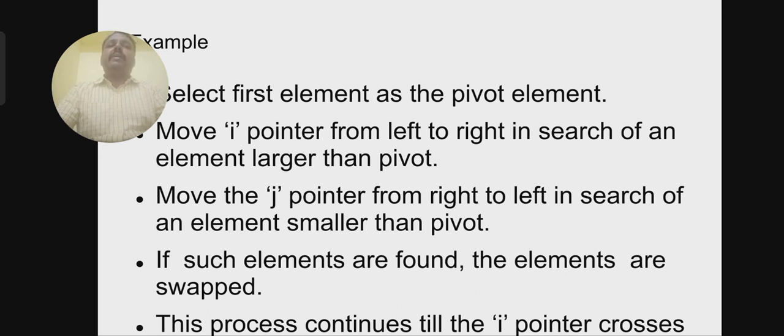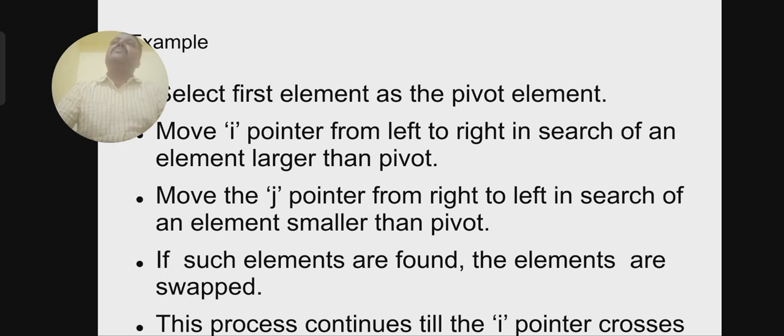The I pointer keeps moving, finding an element larger than the pivot element. The J pointer points to an element smaller than the pivot element. That is very important. The main purpose of the I and J pointers is to find which one is the higher element and which one is the lower element.